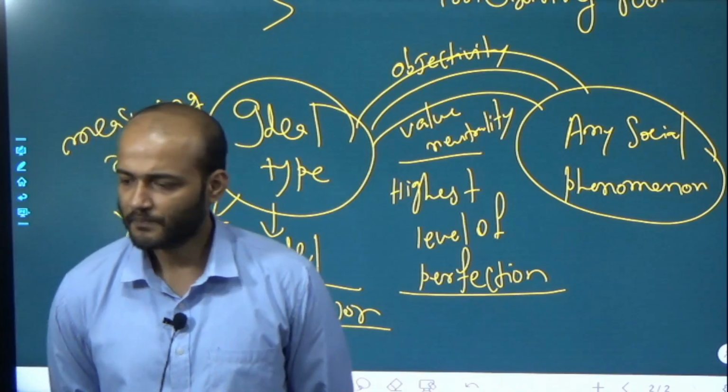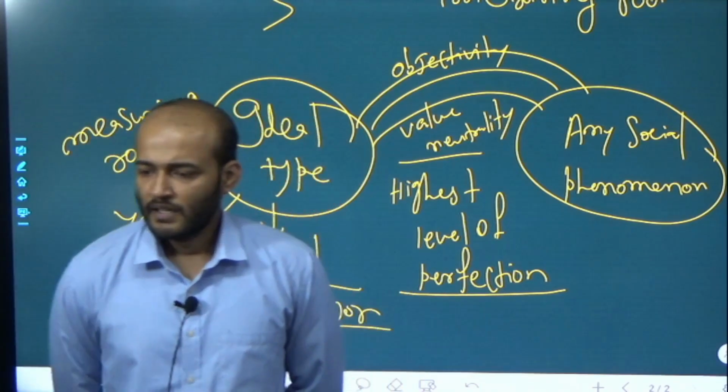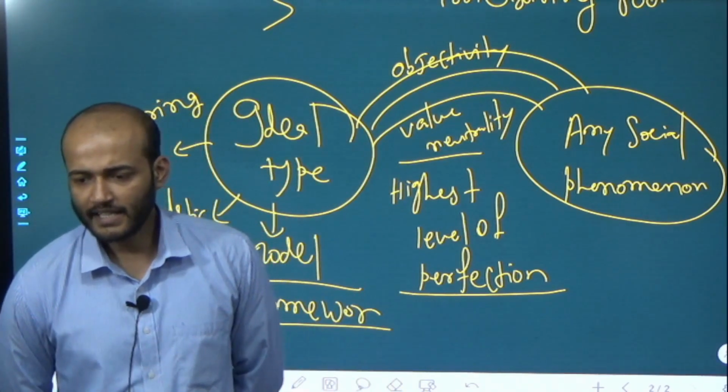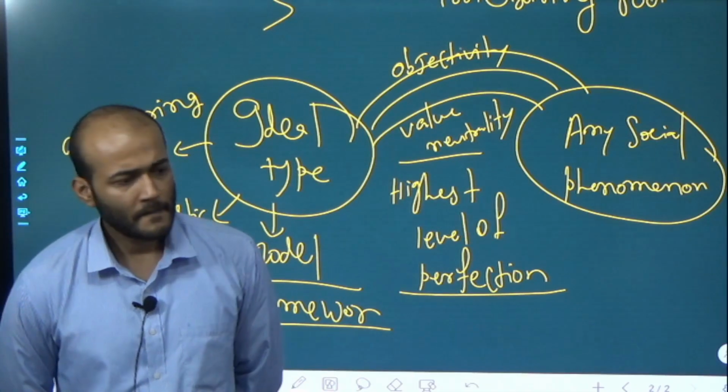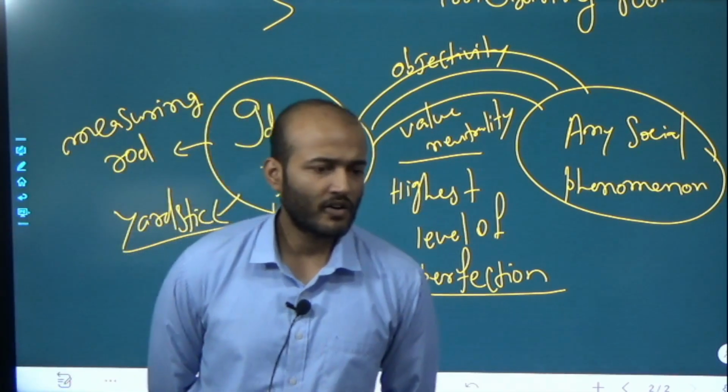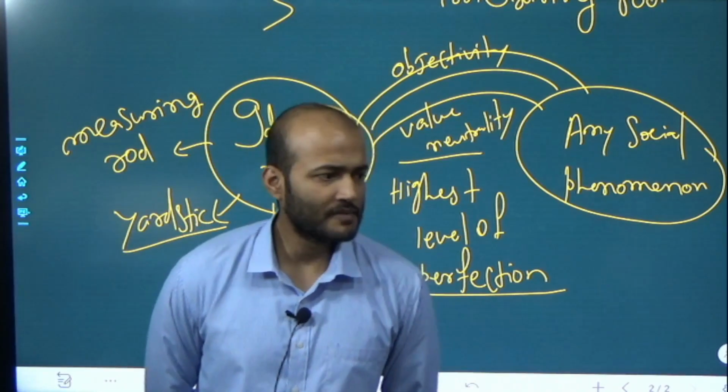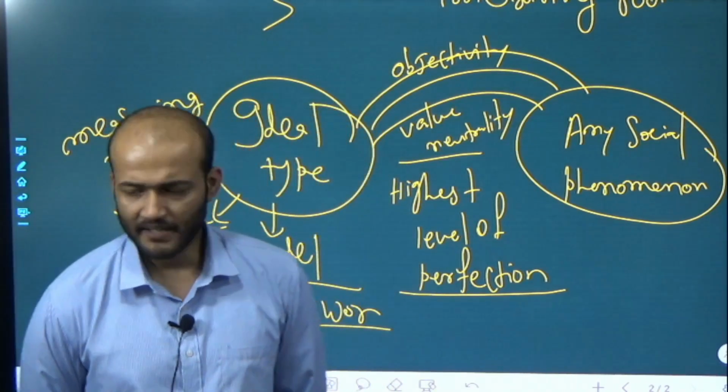Next point, write: ideal type is a general or average type.